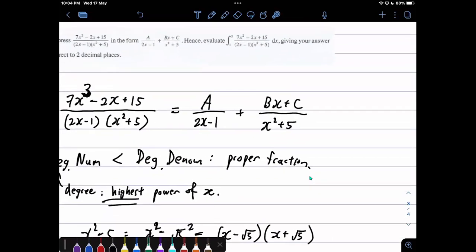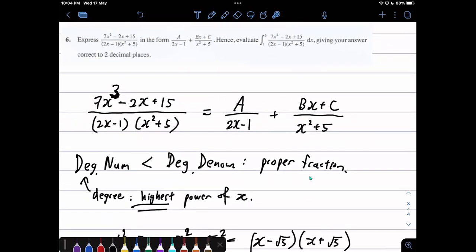What do we do with a non-factorizable, irreducible quadratic? You just copy down the denominator first, but for the numerator, you must come up with something that is 1 degree lower, which in this case is x power 1, linear. Then you just have a coefficient here and a constant there. And this one, same thing. 2x minus 1 is a distinct linear factor.